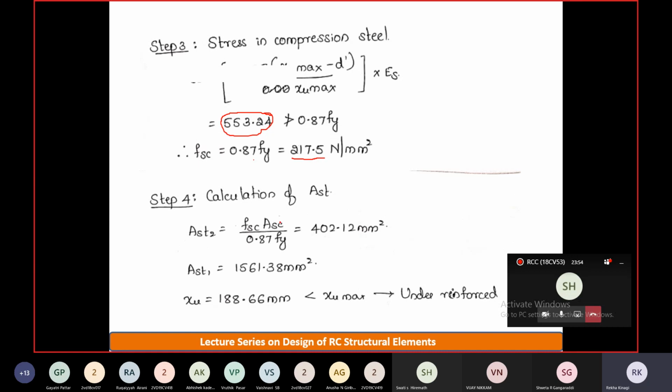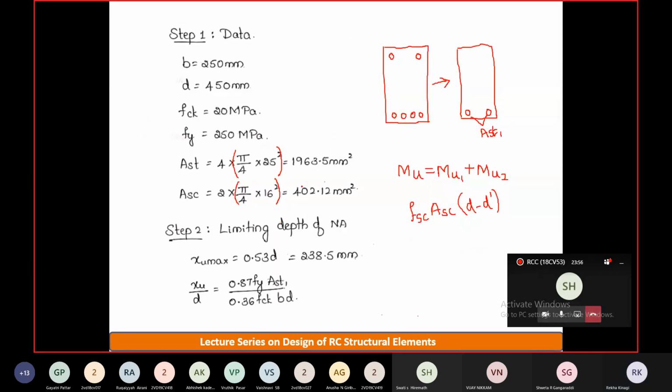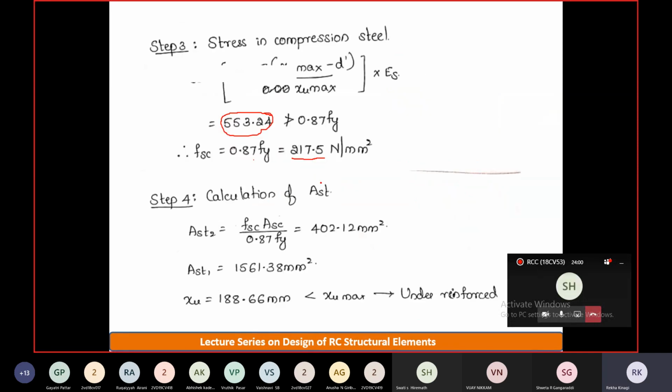The ASC value is already given in the numerical, that is 402.12, and 0.87 is known. The Fy value is given to us, that is 250 megapascal. Substituting all these values, I get the value of AST2, that is 402.12 mm square.